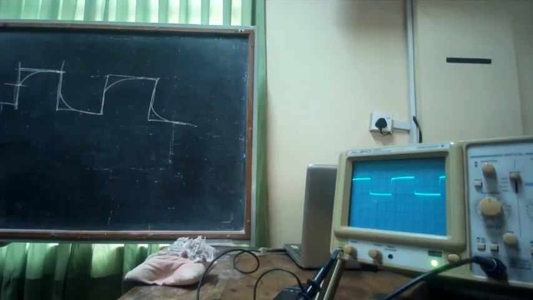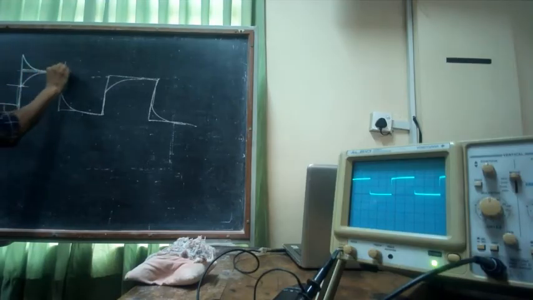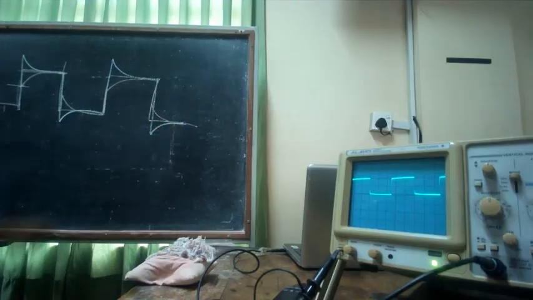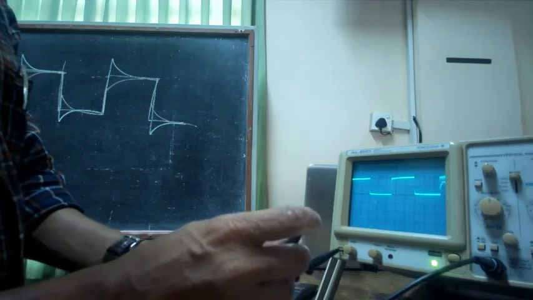Now in this case, the resistor ratio may be less. Sometimes the resistor ratio may be higher. In that case, I may even see a signal like this also. Okay, I can even see a signal like that.